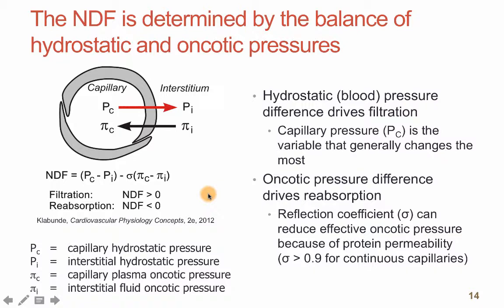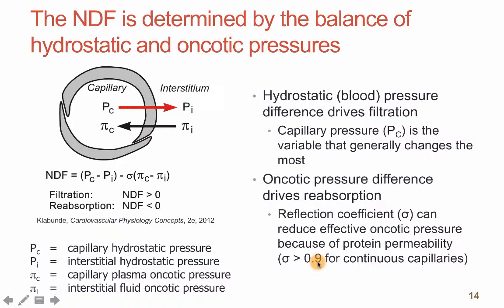But different capillaries will have a different permeability to the protein. So if a capillary barrier is completely impermeable to the protein, then the reflection coefficient is 1, and so we can ignore it. And for most capillaries, especially continuous capillaries, the reflection coefficient is greater than 0.9. So it's pretty close to 1.